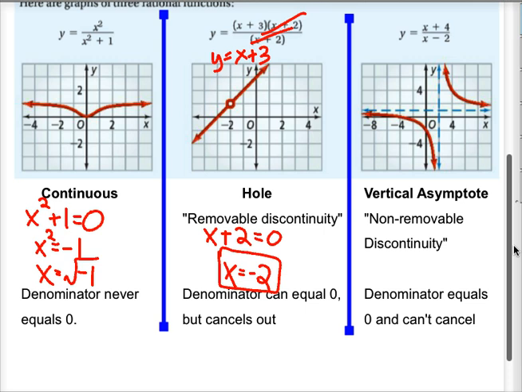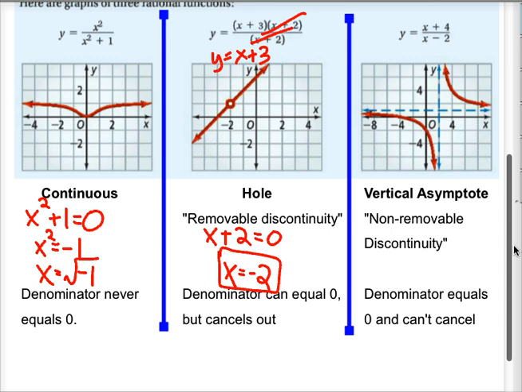However, because in the original denominator you couldn't have x be -2, it creates a hole there. So when you have that denominator, you can set it equal to 0 and find a point of discontinuity. But when it cancels out, that creates a hole in your graph. You graph the new and improved function, the reduced function. However, there's a hole at that x value where that factor used to be.